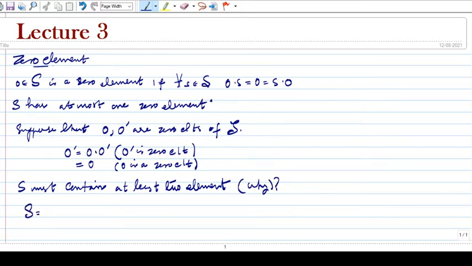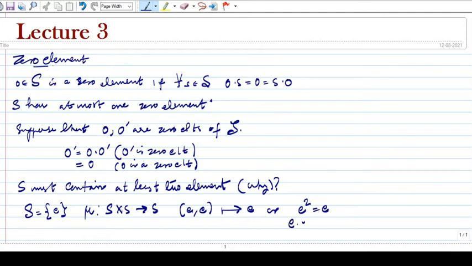Suppose S has only one element, let us call it e. Then we know that to become a semigroup you need to have a map S cross S to S. So what is the only map available? The only map available is (e, e) going to the element e, or in the multiplication sense, e square equals e. That means e multiplied by e, we get e itself.